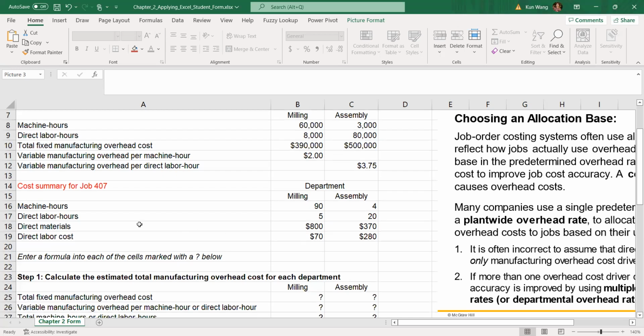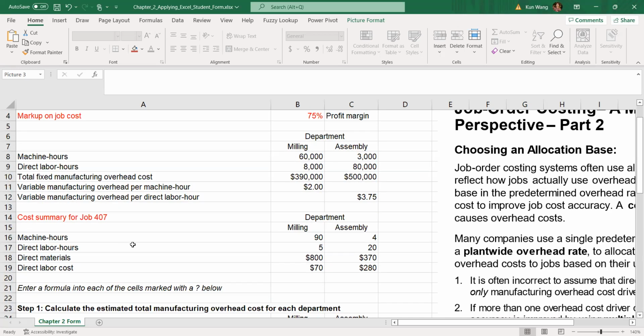The second group of information is given for figuring out the total cost for job 407 later, after you finish the overhead part. For job 407, we have the actual machine hours and direct labor hours consumed in the two departments.